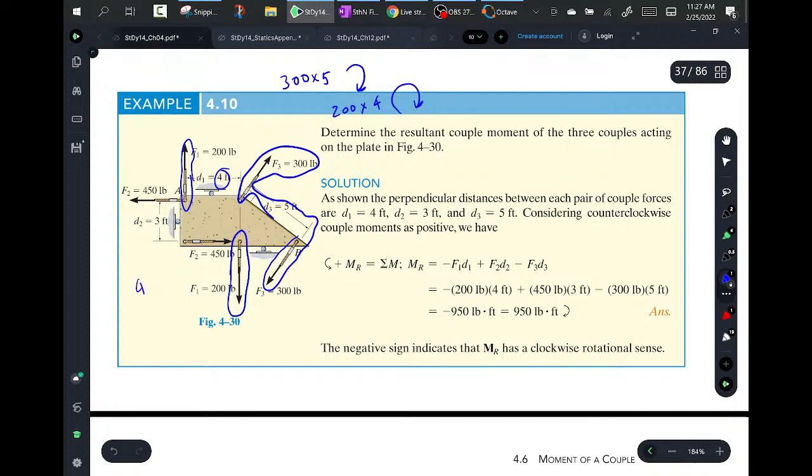And then I got a 450 times 3 here, and it looks like it's going this way. Now I've got them all separated, but what he's decided to do, let's see if he followed the sign convention. X, Y, this being positive.